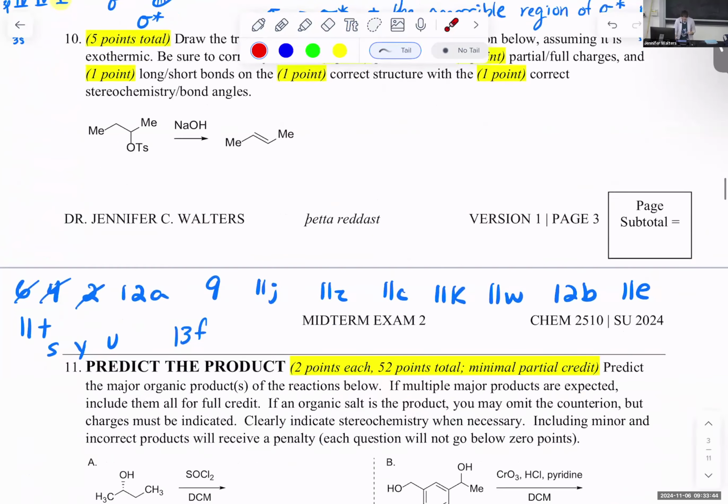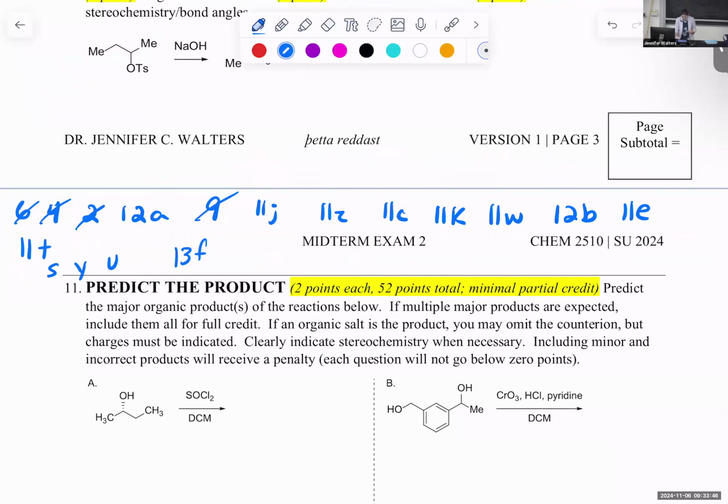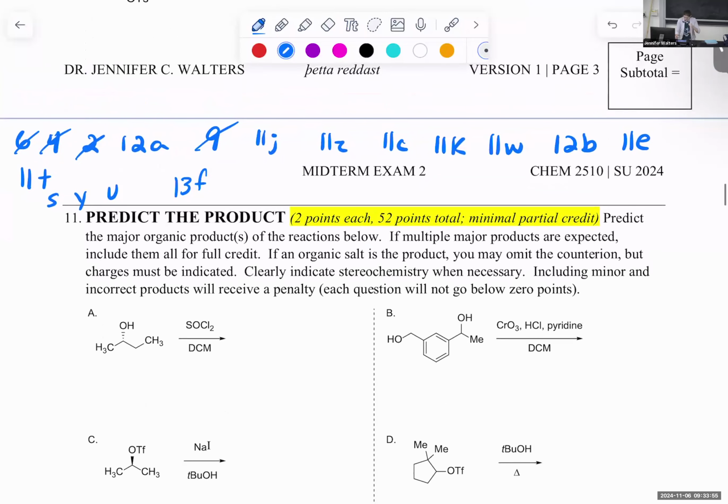Okay. All right, let's move into our predict the products. So, alphabet, I think C, no, B comes first. All right, so looking at structure B, something to recognize for the predict the products, and this will happen the same way on your exam, is that I am having minimal partial credit.